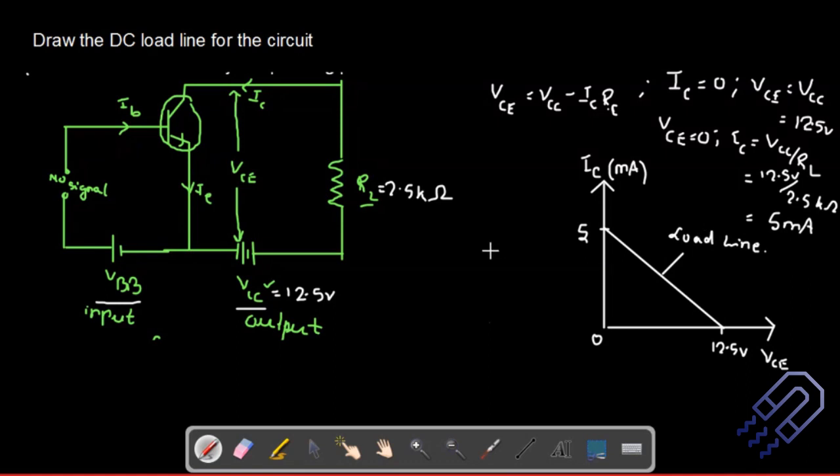Okay, let me give you another question where we're actually going to talk about the operating point. Let me take a new page here. And here I'm not going to just draw the circuit. You can assume the circuit. It's similar to whatever we have done before.